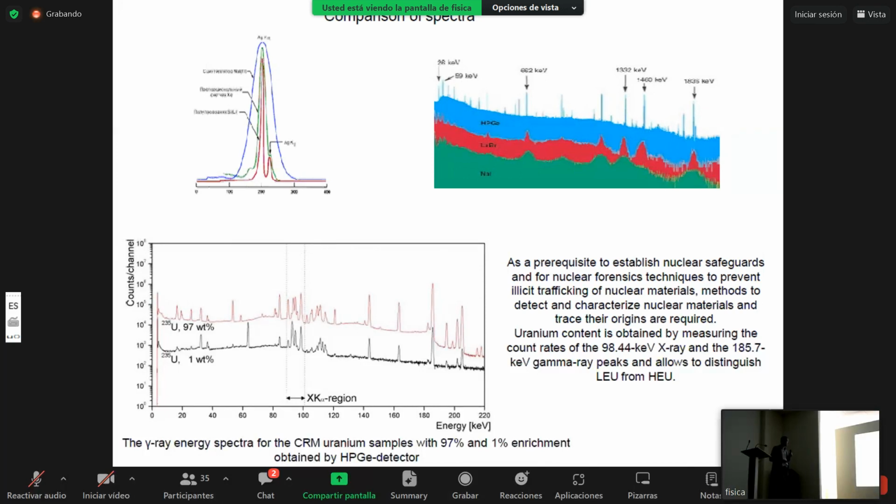This technique allows you, by measuring the ratio of these X-rays, to distinguish between low enriched uranium and highly enriched uranium.